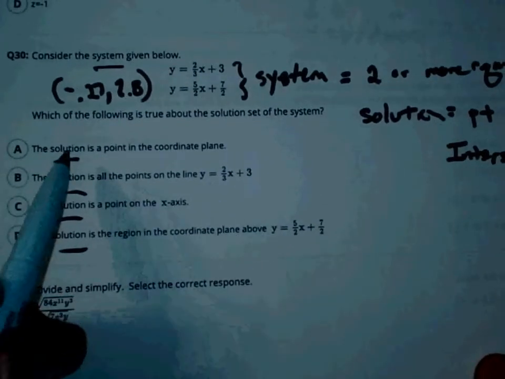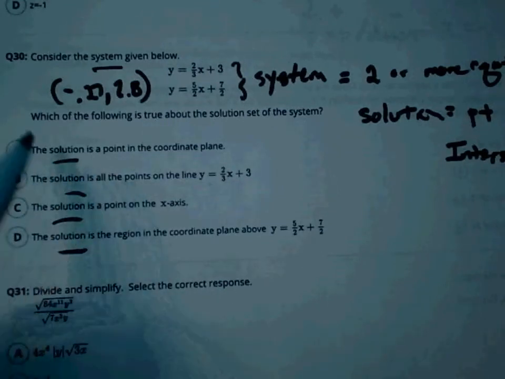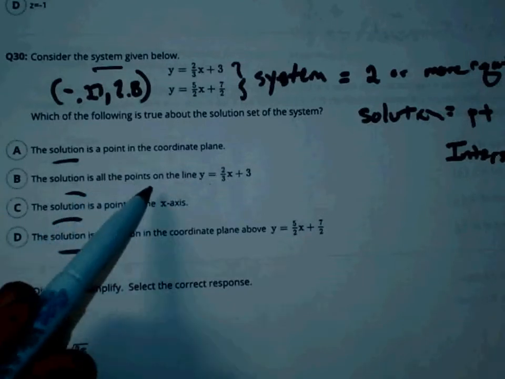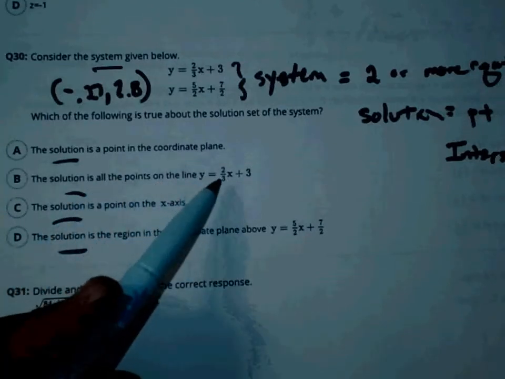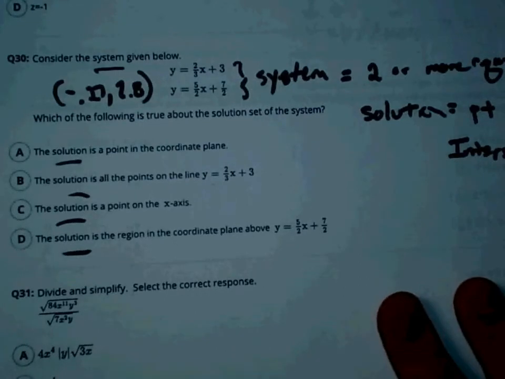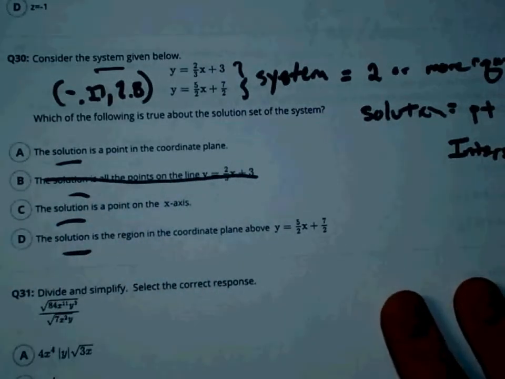First one says the solution to the point of intersection is on the coordinate plane. Okay, we got that. The solution is all the points on the line of this one. Is that true? No, it's not true because all the points on this line are not the intersection with the other one. So this is not true.